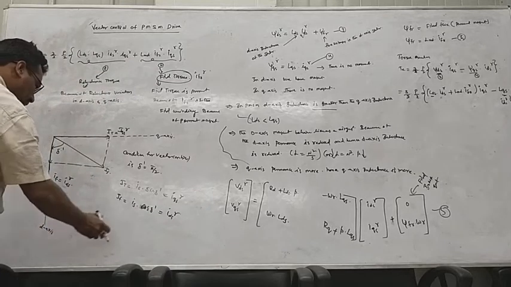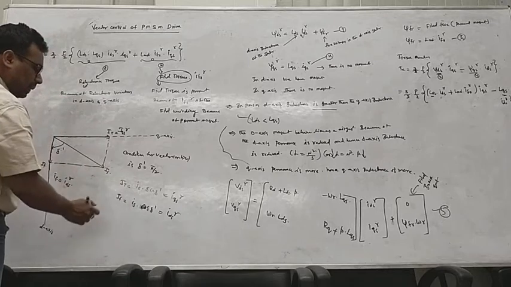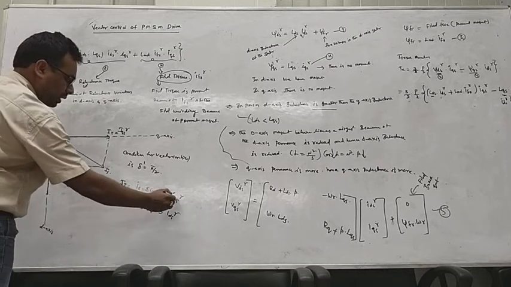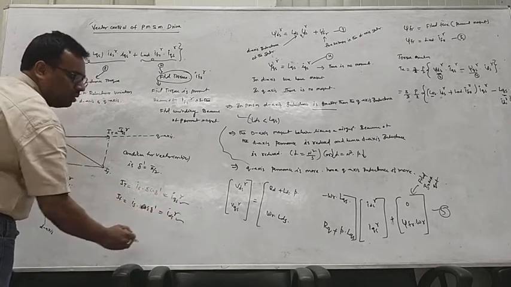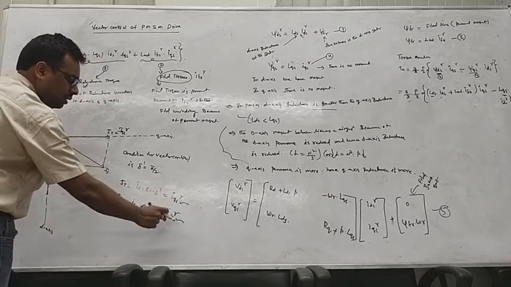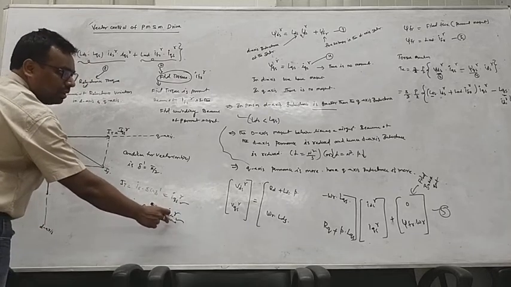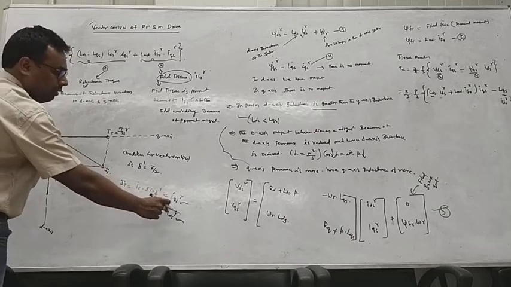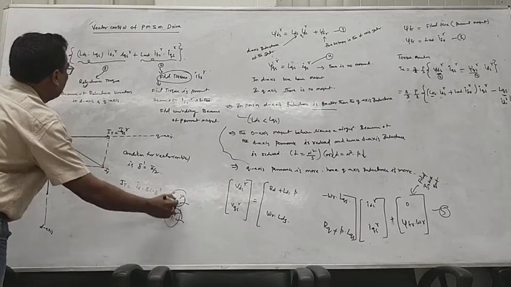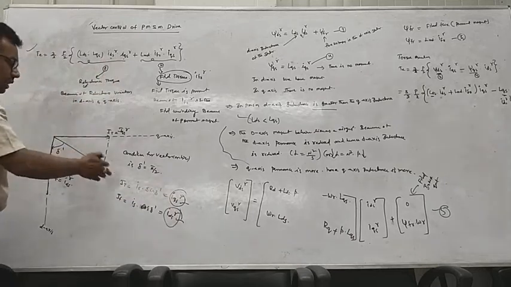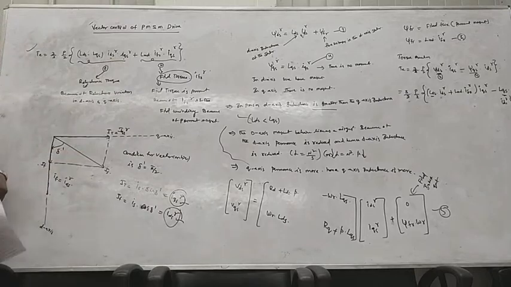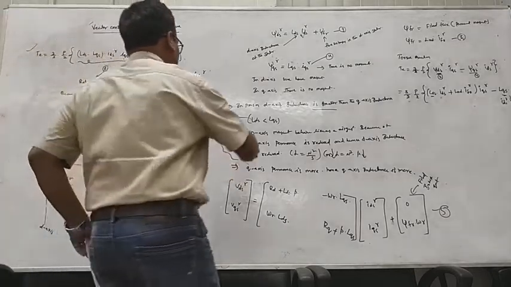If you substitute these two values, IQS R and IDS R, then the torque equation will be modified.